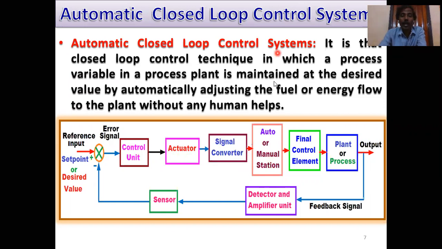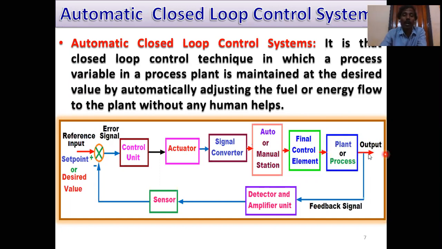That's why we can use the automatic section only. And this signal controls the final control element, and the final control output response controls the process or plant. And after operation, we get the output.